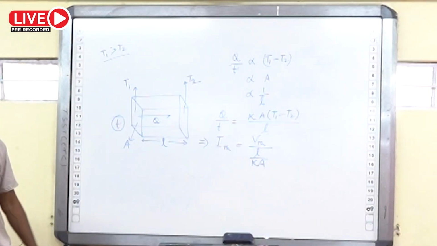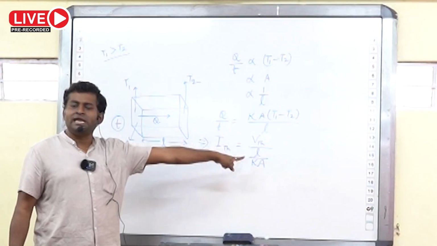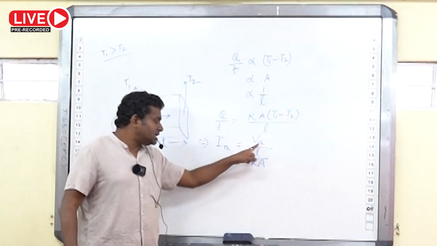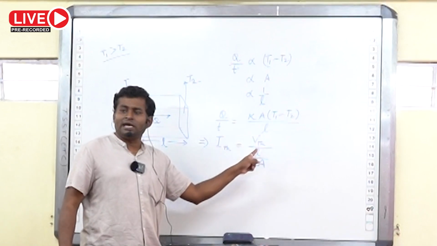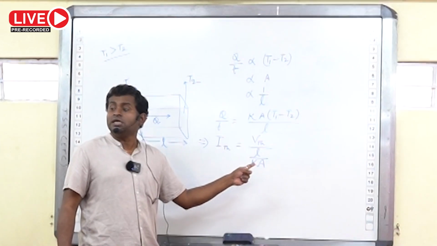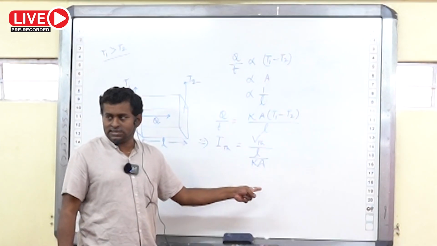Then compare with Ohm's law, I equal to V by R. So this quantity in the denominator is equivalent to resistance, here called the thermal resistance.